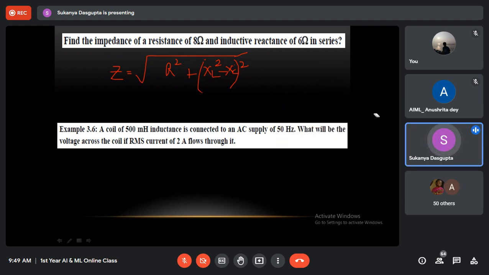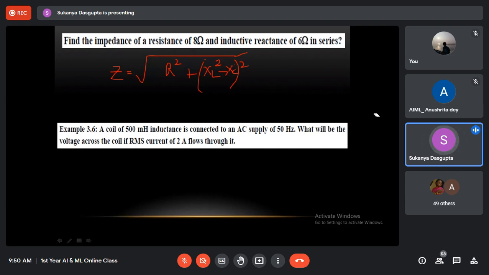A coil of 500 millihenry inductance is connected to an AC supply of 50 hertz. What will be the voltage across the coil if RMS current of 2 ampere flows through it? Okay, voltage across the coil. So coil is a pure coil, no internal resistance.